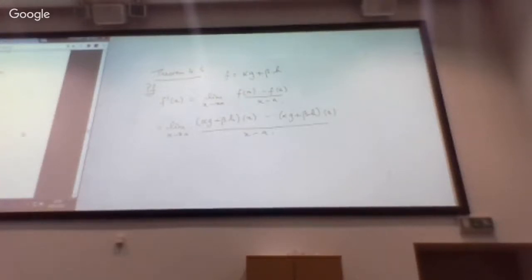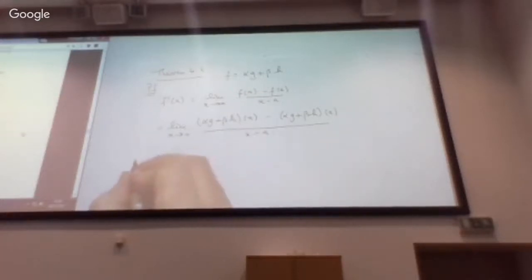Now we're aiming to show how this thing depends on the derivatives of g and the derivatives of h. At the moment, you've got g and h kind of bound up or mixed up together. So we would want to begin to separate them out. We can begin to separate out g and h away from each other by applying the definition of what a linear combination of functions is.